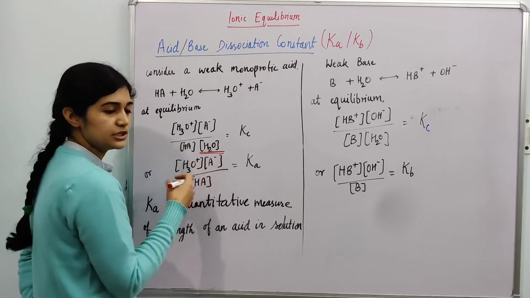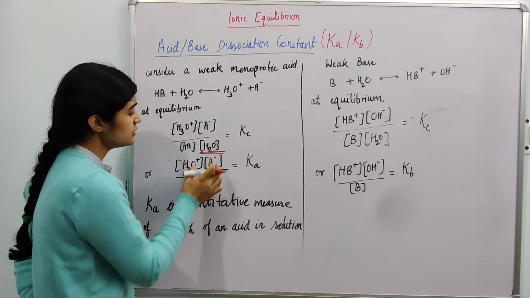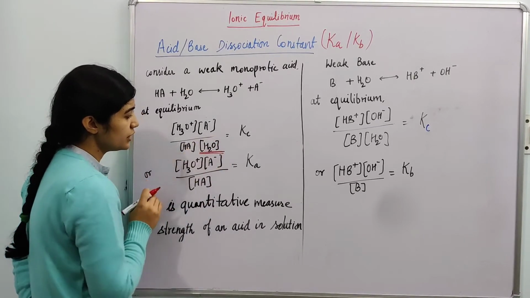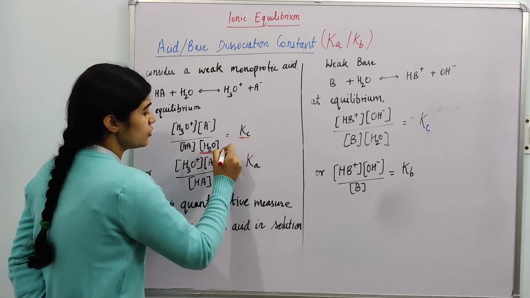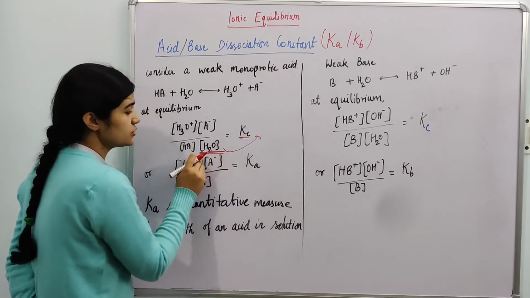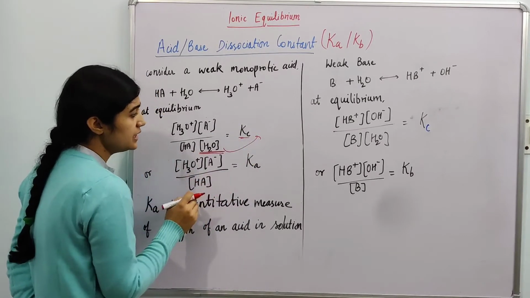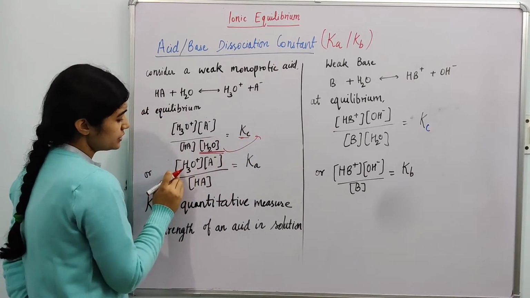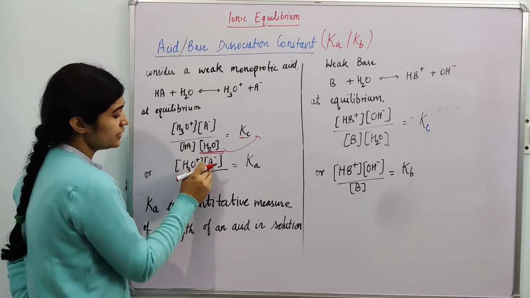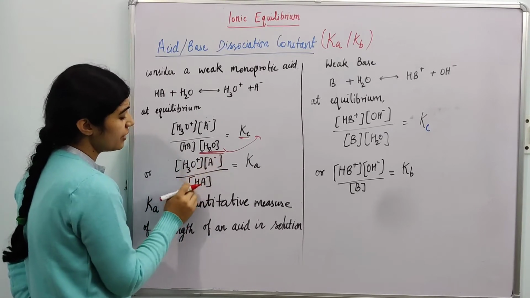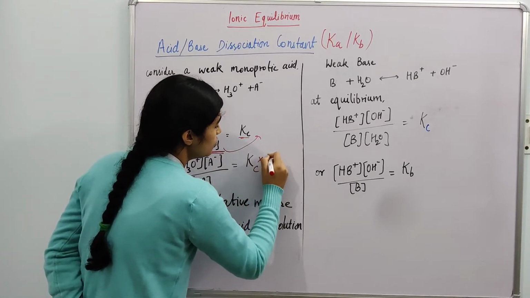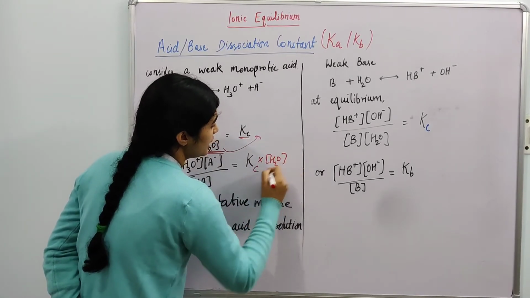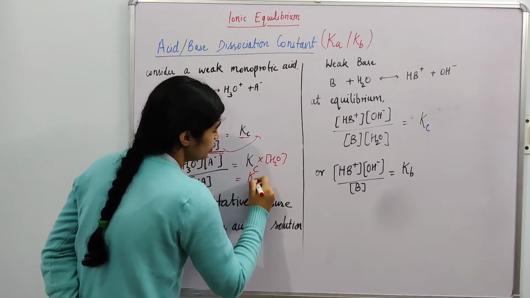It is not changing in a significant manner. So we take the concentration of water as constant, and taking the water term to the right hand side, you can write the concentration of H3O+ times the concentration of A- divided by HA equal to Kc times the concentration of water, and this has been written equal to Ka.